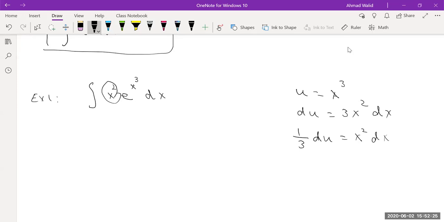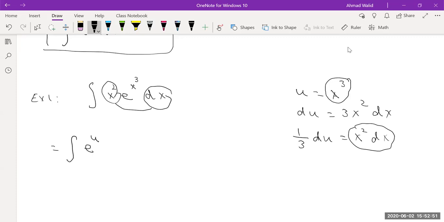Now you see, you have all pieces of substitution here. You replace x squared dx with 1/3 of du, and you replace your x cubed with u. Then you can write this one as an integral of e to the u. You see here I have x squared and dx.